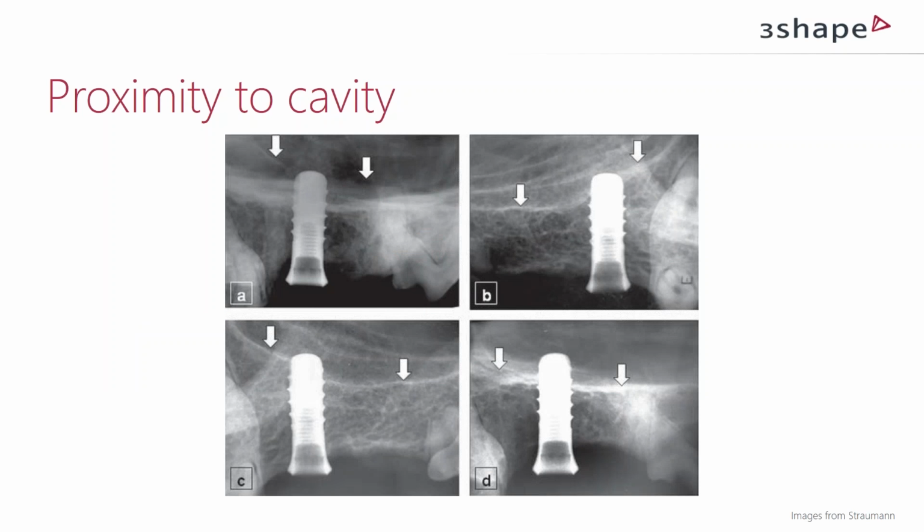So let me show you some examples here. Our famous Straumann's again. Here we have the implant. It looks nice, but according to the white arrows, we can actually see the surface or the floor in the sinus, meaning that the implant actually is looking up into the sinus.